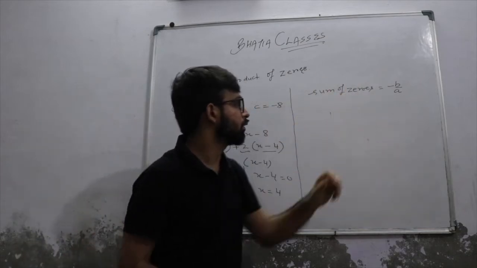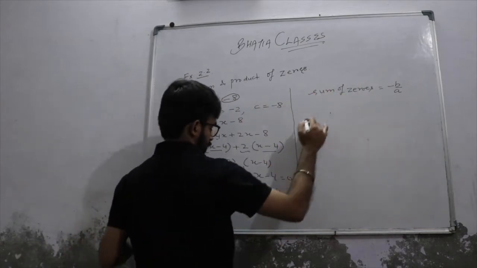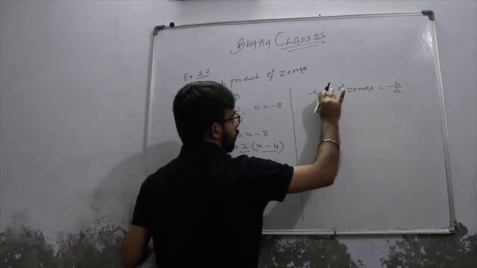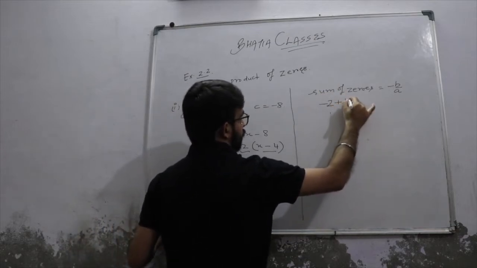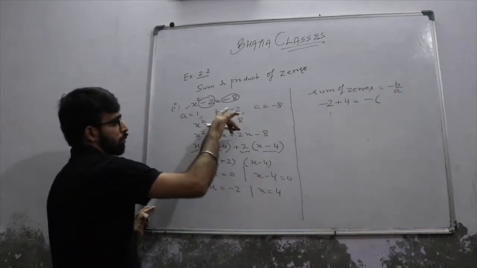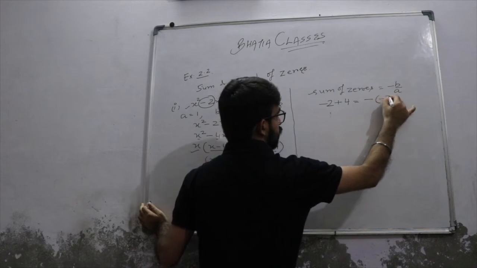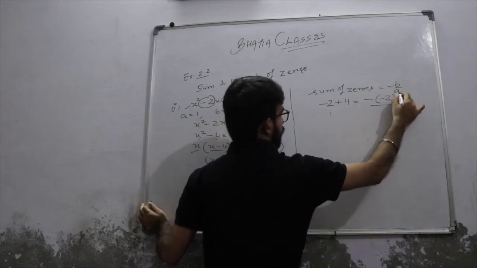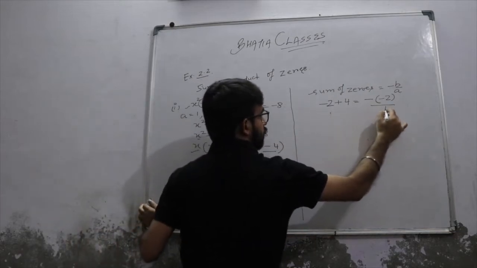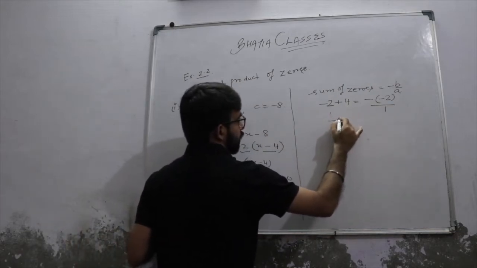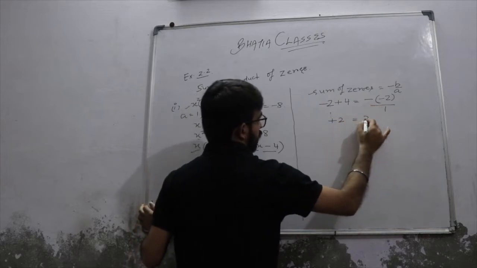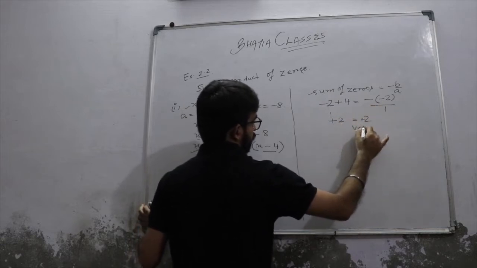The zeros are minus 2 and 4, so minus 2 plus 4. Minus b: what is b? b is equal to minus 2. a is 1. Minus 2 plus 4 is 2, and minus b by a is also 2. Verified.